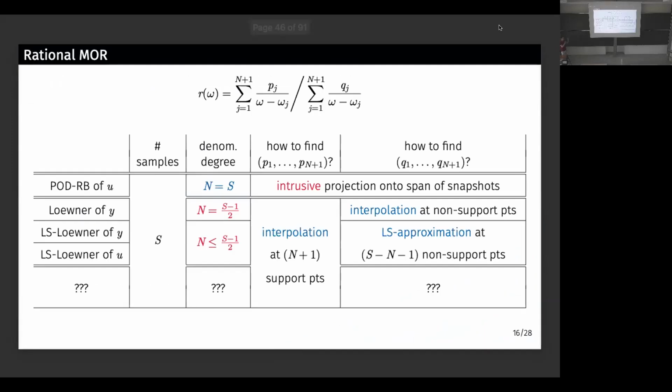And this is the same information that I've been bombarding you with the whole talk. Essentially, it's summarized in a table. If we are looking for an approximation or a surrogate model for a frequency domain problem, we can either do POD reduced basis, for instance, and in this case, we have to do intrusive projection, but we are very good at our approximation quality, in the sense that with S samples, we can approximate S resonating frequencies of the problem, S peaks of the graph.